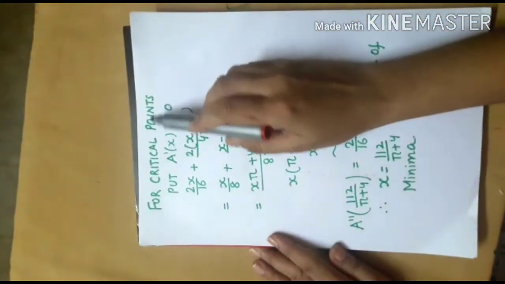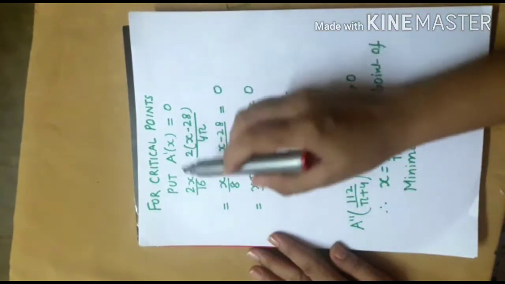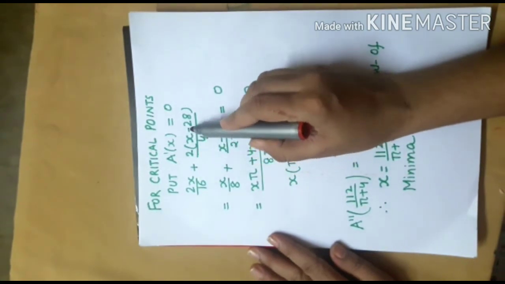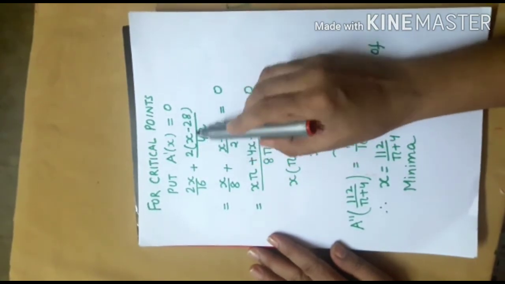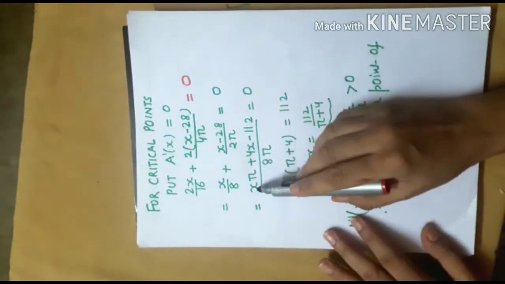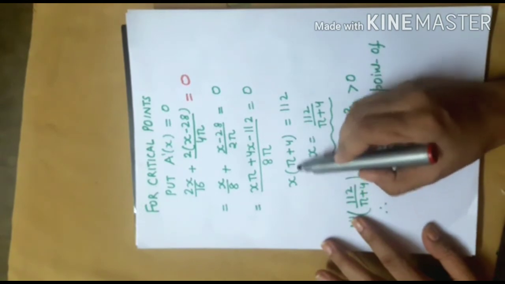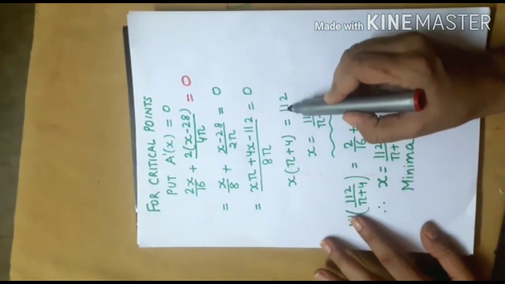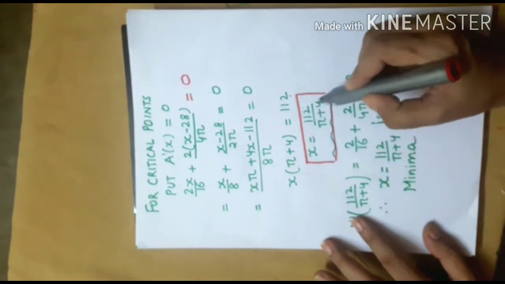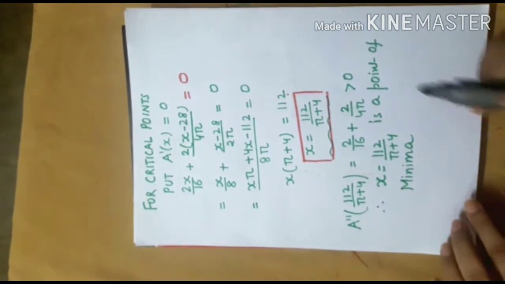For critical points, put A'(x) equal to 0. So I'll get 2x over 16 plus 2 into (x minus 28) over 4 pi equals 0. On simplification, I'll get x into (pi plus 4) equals 112. So from here, x will be equal to 112 over (pi plus 4).